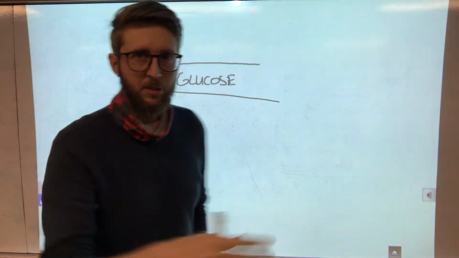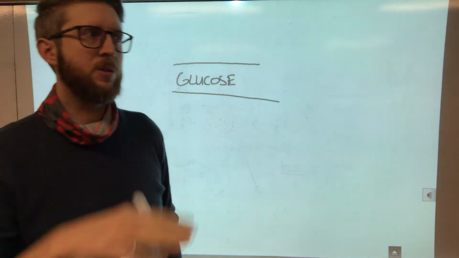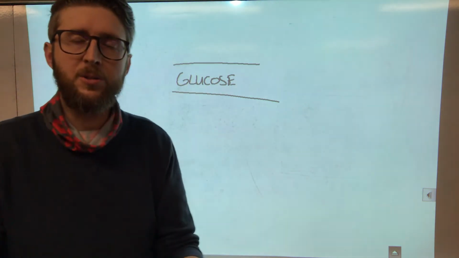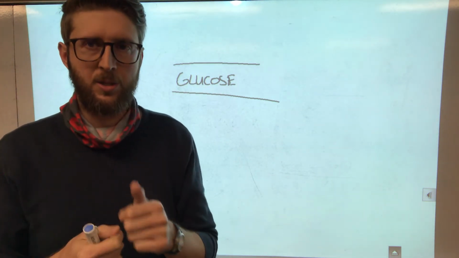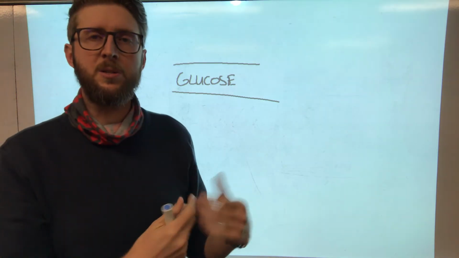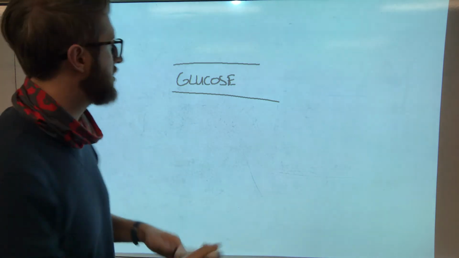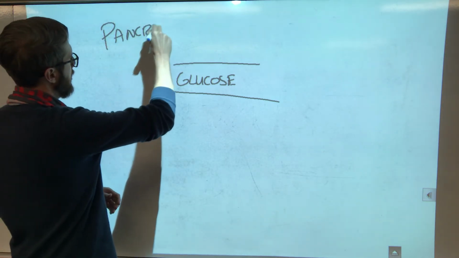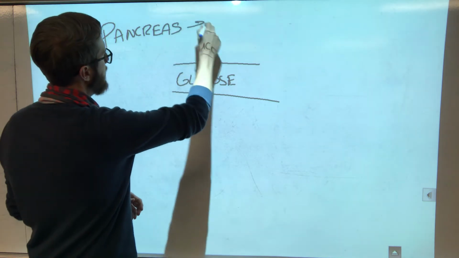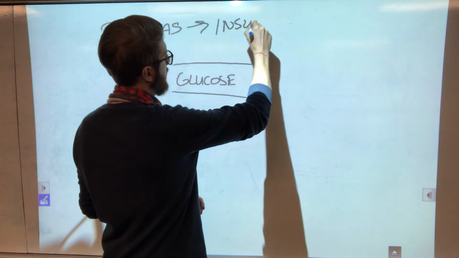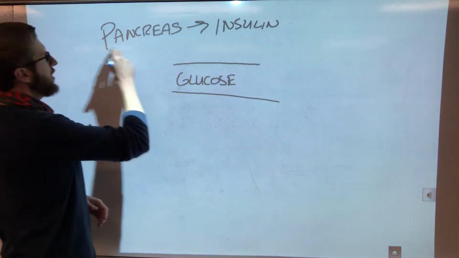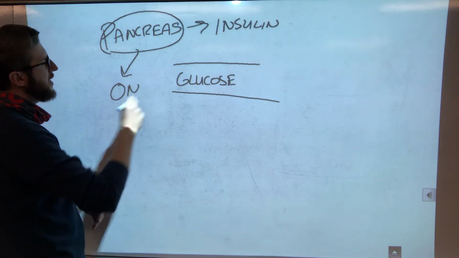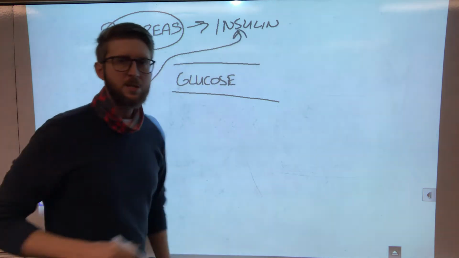When the amount of glucose in your bloodstream gets to a certain concentration, your body responds by turning on genes in your pancreas. The pancreas produces insulin. So when these genes in your pancreas get turned on, it creates more insulin.